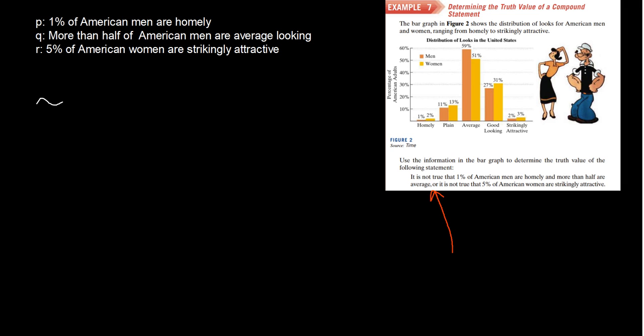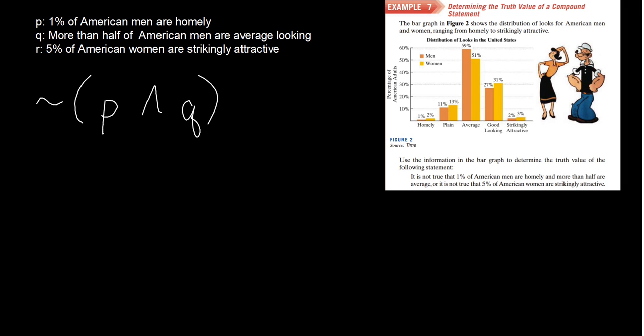So we're going to say it is not true that 1% of American men, so we'll say P, are homely, and, so we have the and statement, and then Q. Okay, so it is not true that 1% of American men are homely and more than half are average. So this takes care of everything before the comma.